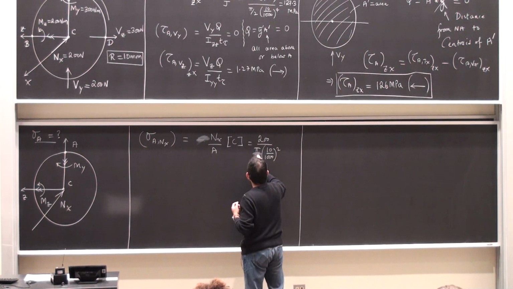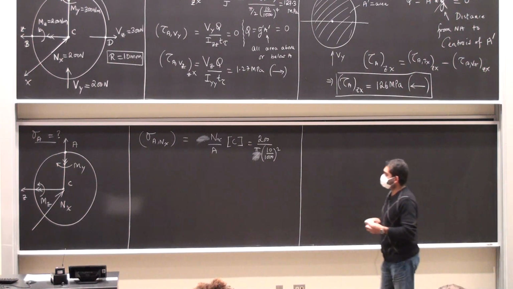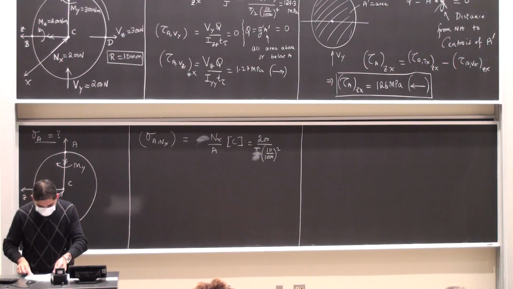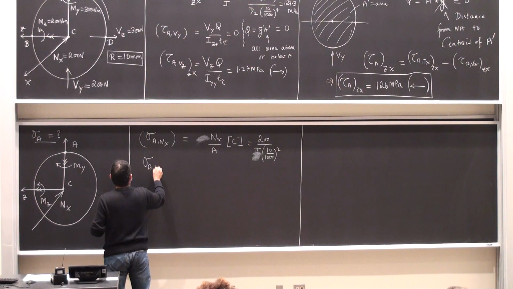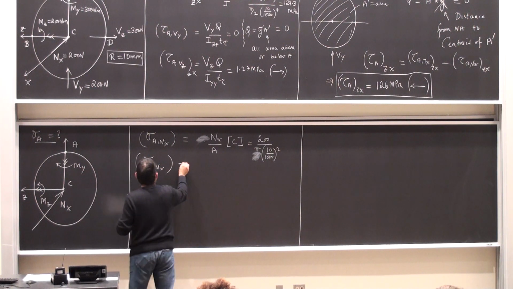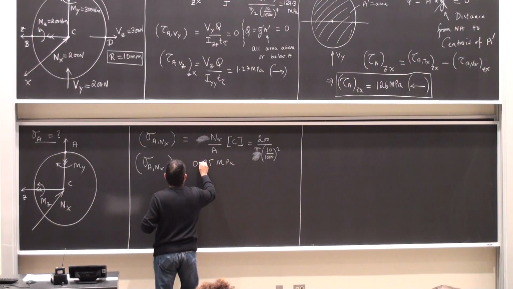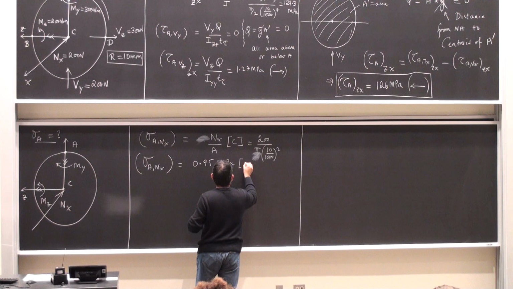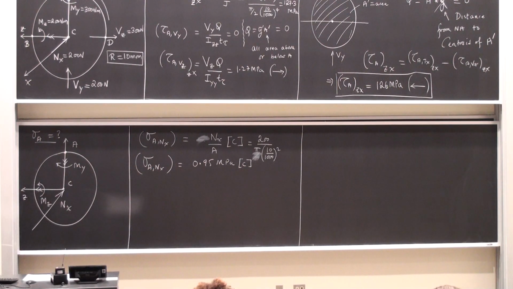Actually pi times 10 by 1000 because the radius is given to me. Okay, so sigma A Nx, the value is the following, it's around 0.95 megapascals. Compressive. It is very important to write that this is compressive. Okay.